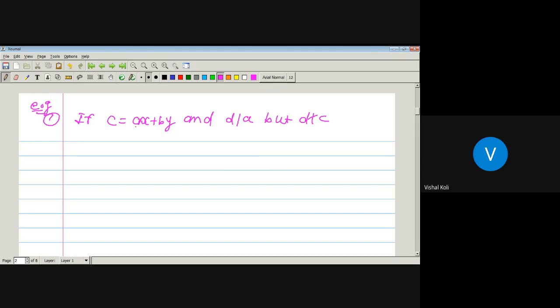So here c is ax plus by, a linear combination of a and b, and d is another integer which divides a but does not divide c. Then we have to prove that d does not divide b. So see the solution.